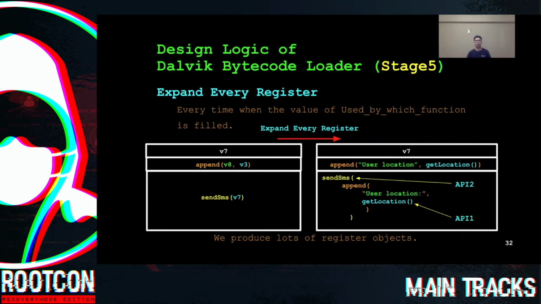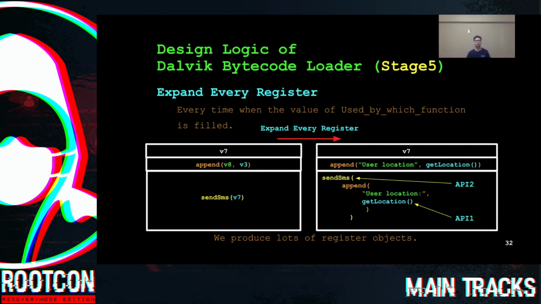By the way, when viewing which function uses a register object, we expand every register by cross-referencing other register objects in the table. So, for example, by cross-referencing, we know that V8 is a string called user location, and V3 is a function called getLocation.